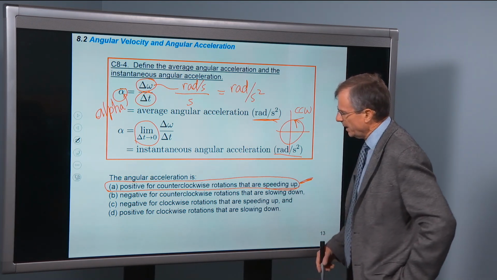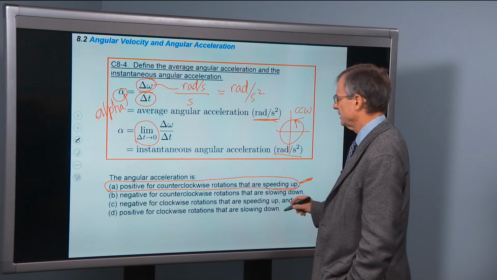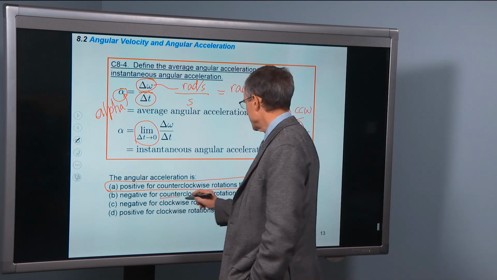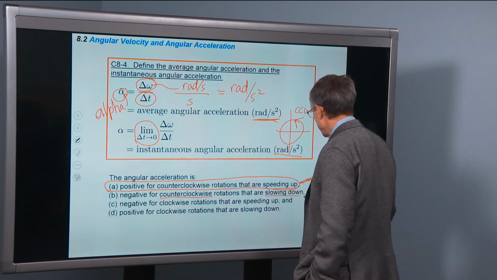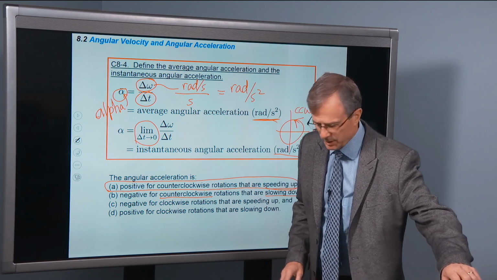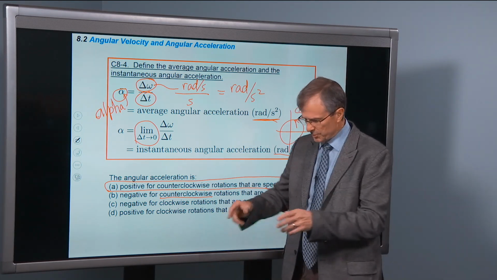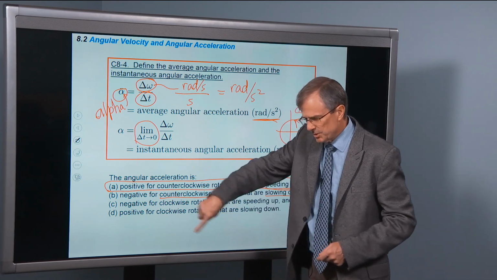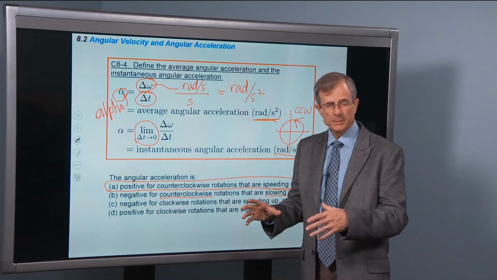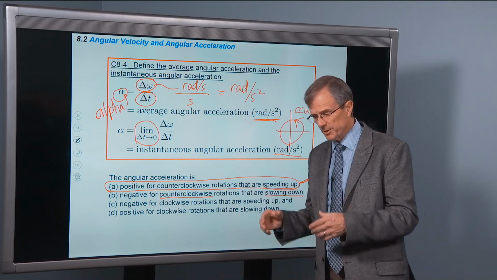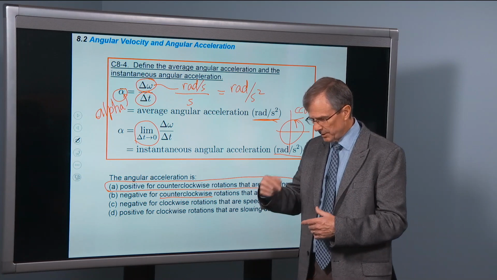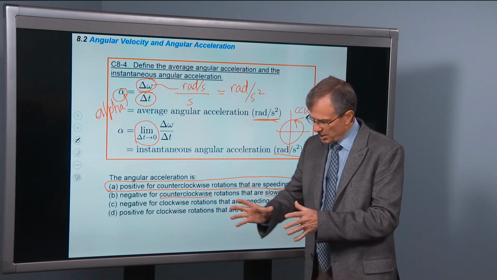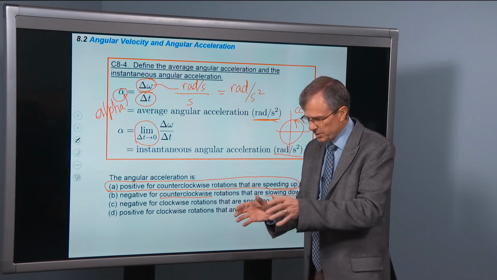So the other cases, let's look at a counterclockwise rotation that's slowing down. So in that one, I've got a counterclockwise rotation. It's going fast. So this would be like the wheel balancing machine that's slowing down, or your tires when you step on the brakes. They're rotating less and less fast. So it's going fast, it's going slower and slower.